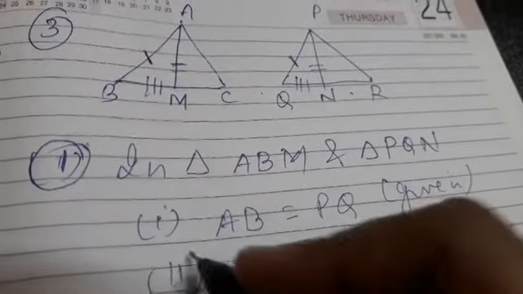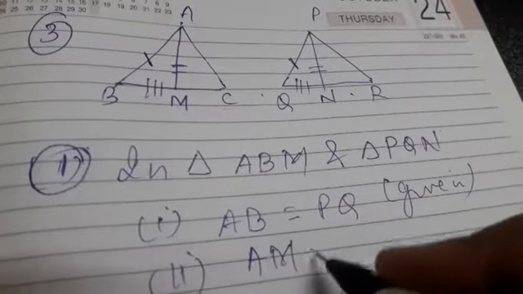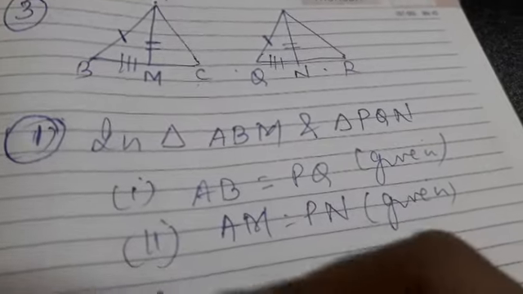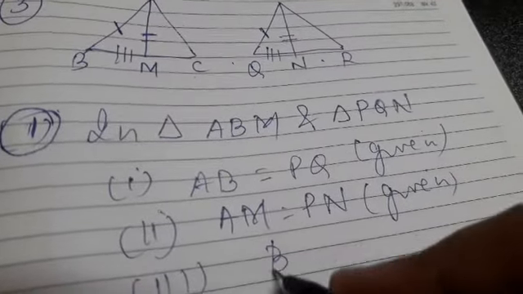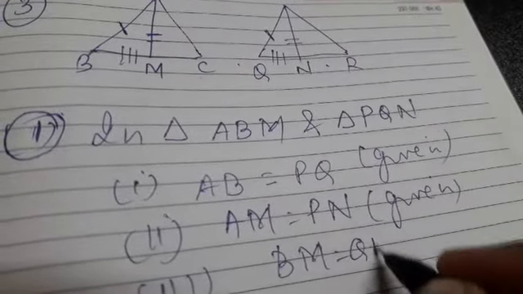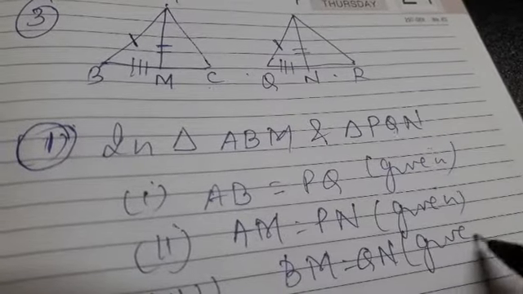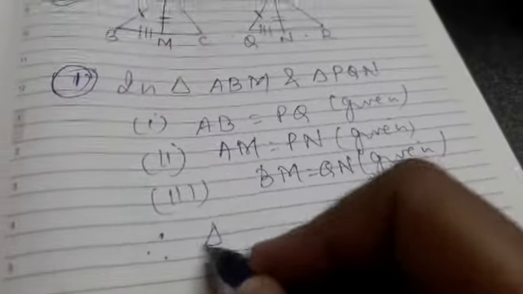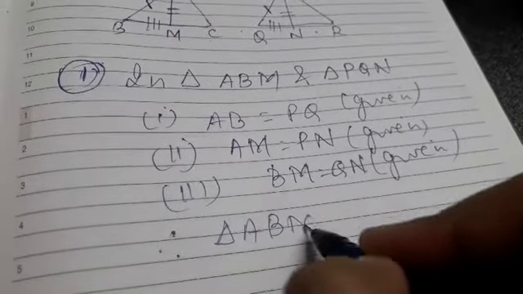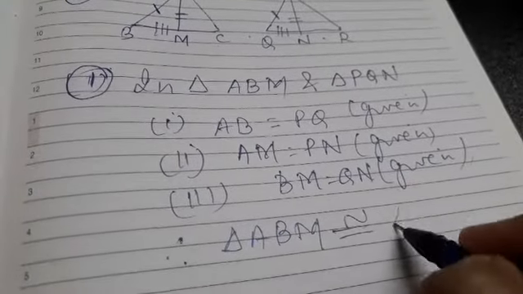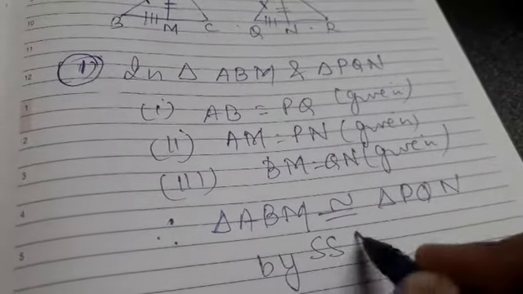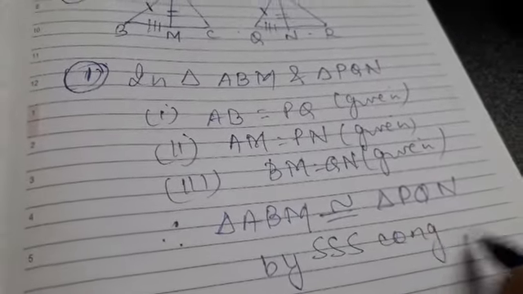Number two, AM is equal to PN, also given, right? And third, BM is equal to QN, given. So therefore you can see that all the three sides are equal. Therefore triangle ABM will be congruent to triangle PQN by SSS congruence.